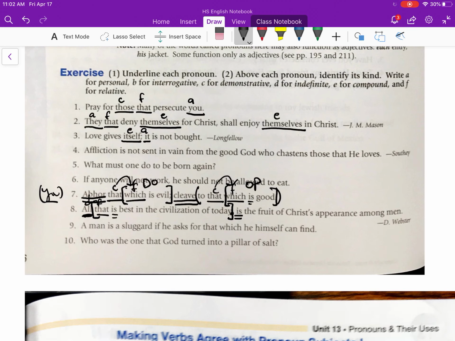And so in this case, the word that is not demonstrative. It's not pointing to anything else. It actually is operating as the introductory relative pronoun there in the dependent clause. So in this case, it's not a demonstrative pronoun. It's actually a relative pronoun.